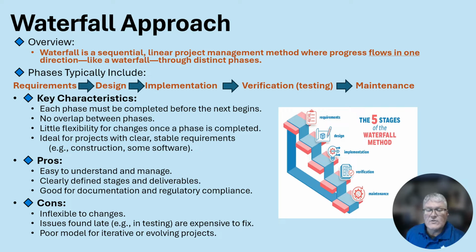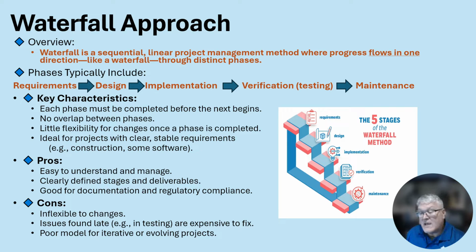Those phases include requirements, that would be listing what needs to be done for the project to come to completion, the design of the phases and the things that need to be done during those phases, the implementation of the project itself, going through those phases or the stages to complete what's required for an outcome, verification to make sure that you've done what you've set out to do, and then maintenance.